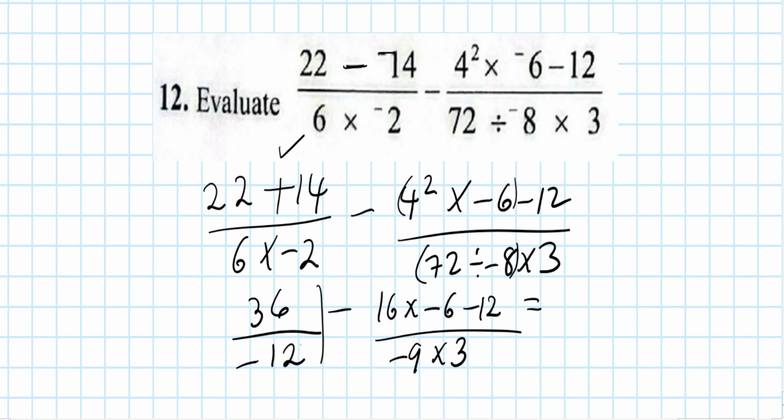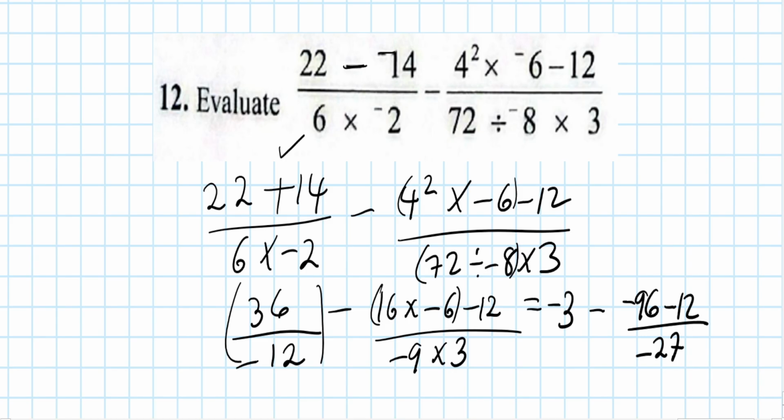So 36 divided by negative 12 is negative 3. 16 times negative 6 is negative 96. So you do minus, this one is negative 96 minus 12 divided by minus 9 times 3 will give you minus 27.